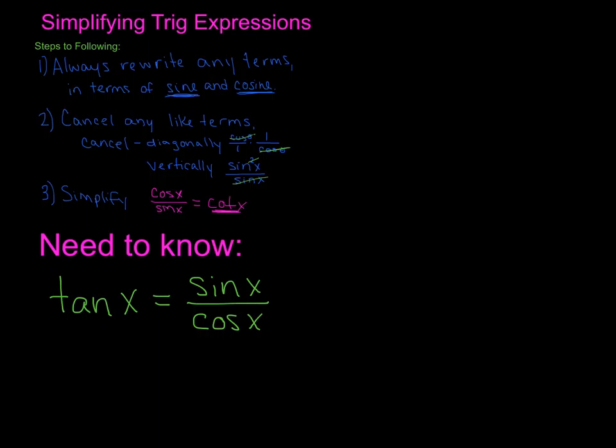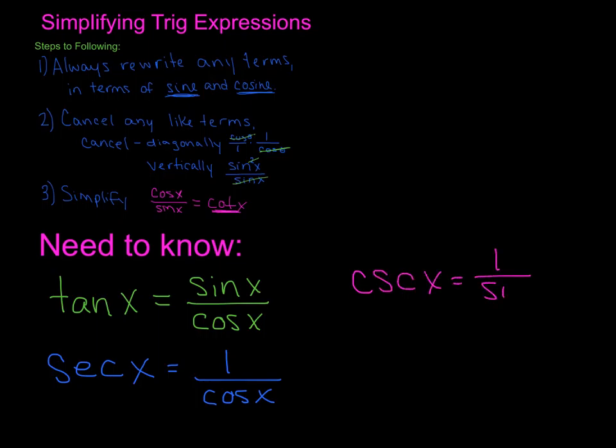Another one is secant is 1 over cosine. Cosecant is 1 over sine. And cotangent is cosine over sine.